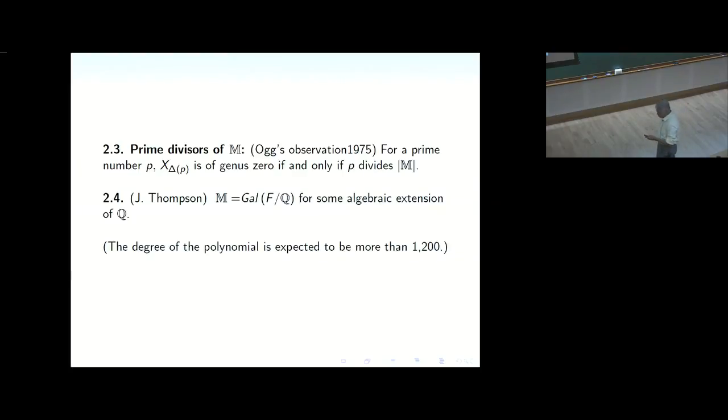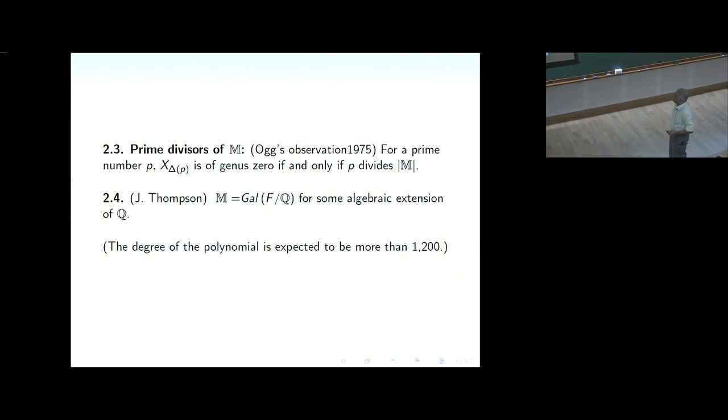Well, just the prime divisors of the monster, the prime numbers which divide the monster, and the set of prime numbers such that a certain modular form has genus 0, okay?